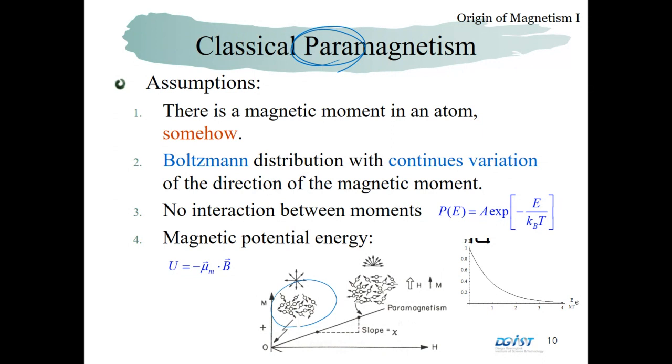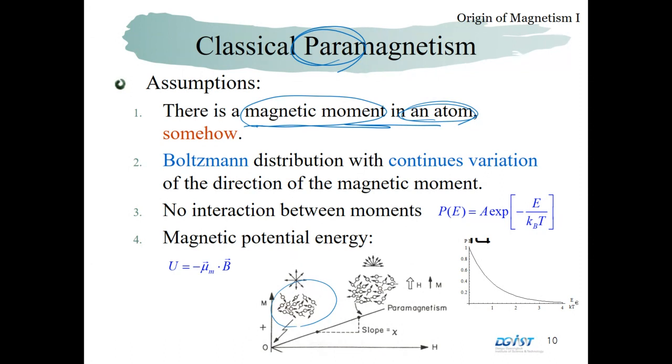We assume each atom has many electrons, and they have some circular motion. So that means they have some magnetic moment. Actually, this magnetic moment did not come from the circular motion, but mainly came from the electron spins. But somehow, let's assume the magnetic moment in the atom.